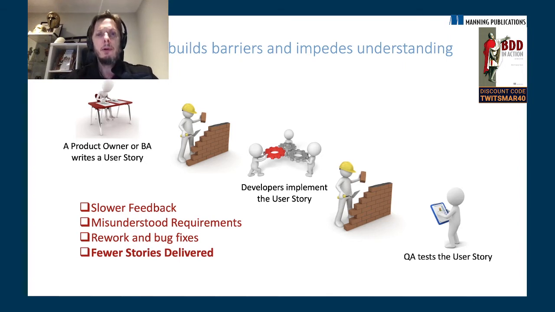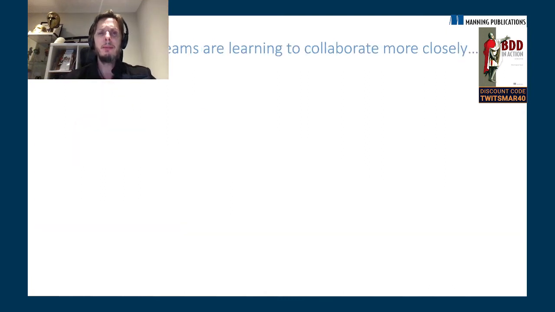I would say that this even happens with teams that claim to do Scrum. As long as you haven't got a team completely collaborating on your requirements, you're getting this sort of process.